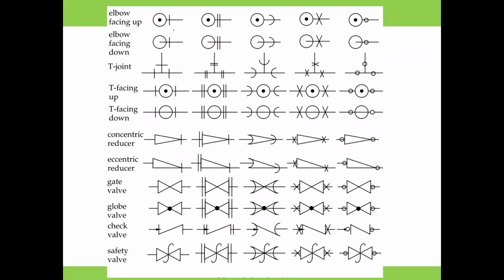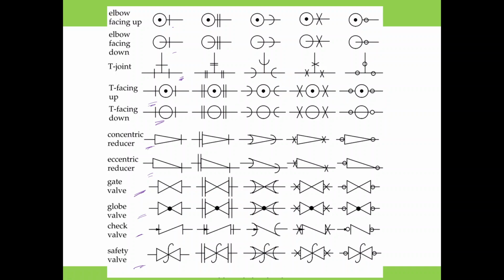Because it's three-dimensional, there is also the elbow facing up, elbow facing down, T joint, T facing up, T facing down, concentric reducer, and eccentric reducer. And now the valves: this is the gate valve symbol, this is the globe valve symbol, this is the check valve symbol, this is the safety valve symbol, and so on.